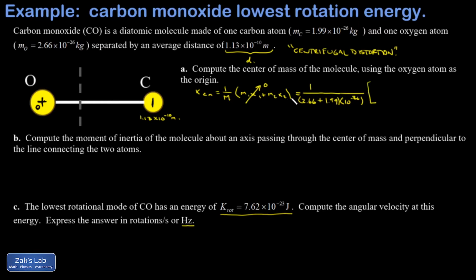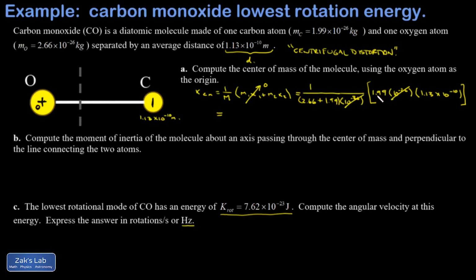All right, then I have this leftover m2 times x2, so that's the mass of the carbon atom, 1.99, 10 to the negative 26, multiplied by the x-coordinate, which is 1.13 times 10 to the negative 10 meters. And I factored those 10 to the negative 26 out because I knew they were going to cancel, so I don't even have to worry about that.